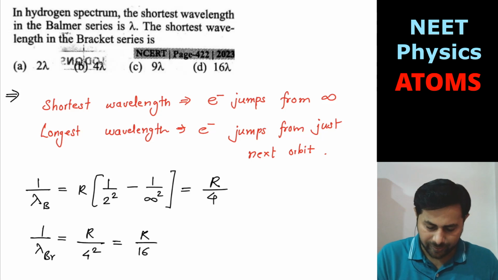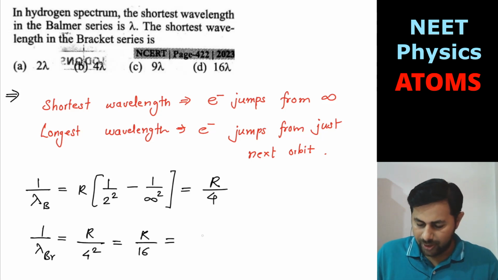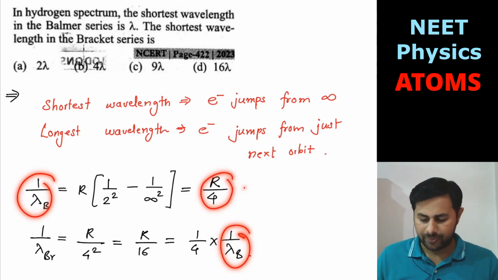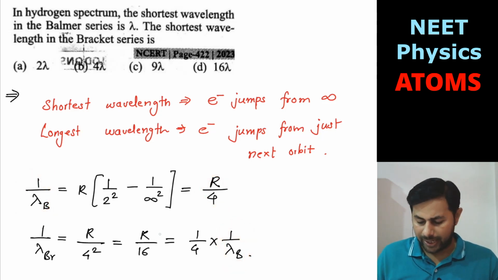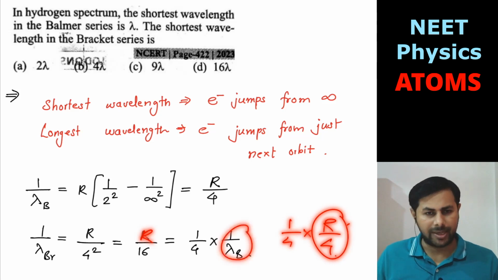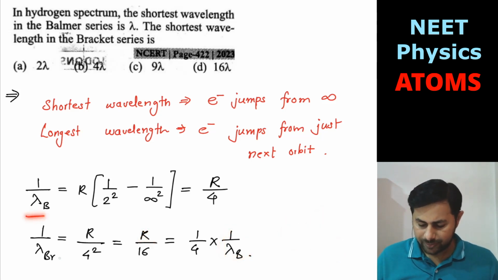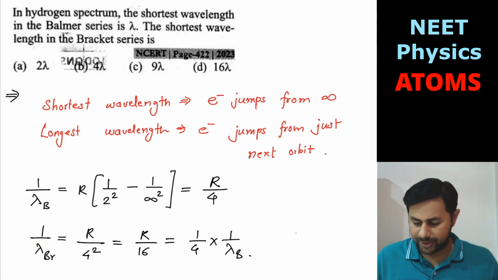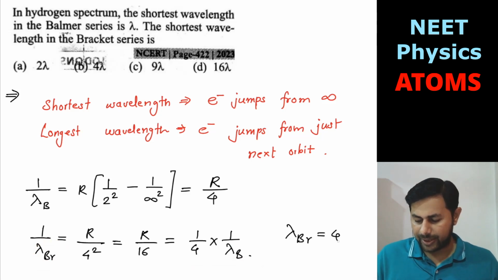This is equal to 1 by 4 times 1 by lambda b, because 1 by lambda b is equal to R by 4. I have written this R by 16 as 1 by 4 times R by 4, and R by 4 is 1 by lambda b. So you get lambda Br is equal to 4 times lambda b. It's very simple.